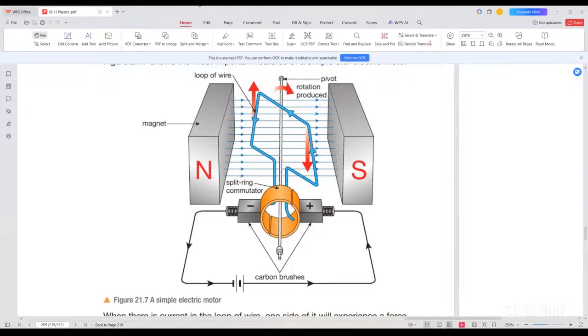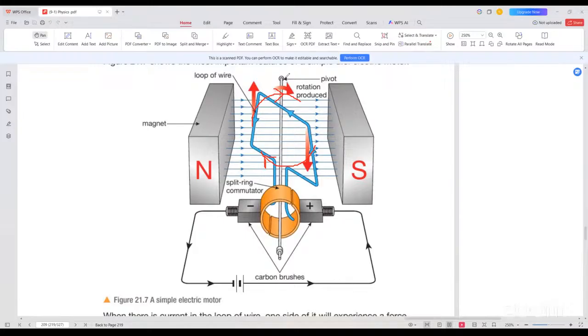So which means you will be getting some sort of a rotation. This part will be moving in this direction. That loop is actually connected to this pivot, or we can say this rod.